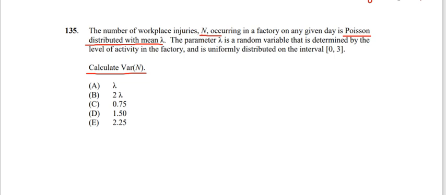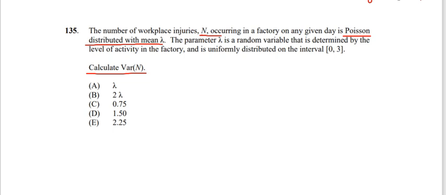So if lambda is fixed, then we know for a Poisson distribution, variance and mean are the same, right?